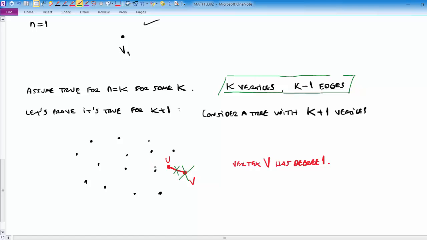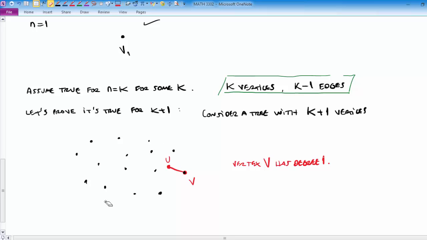If it has k minus 1 edges, then let's put this vertex and this edge back, the ones we deleted for a moment. Now what we have is a tree with k plus 1 vertices, and we had k minus 1 edges, and we added this edge here.